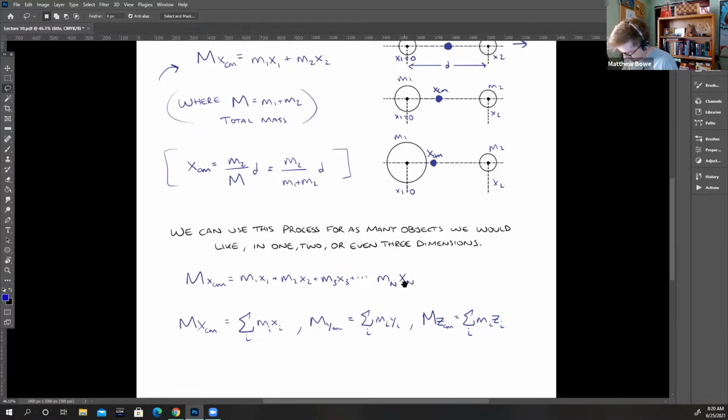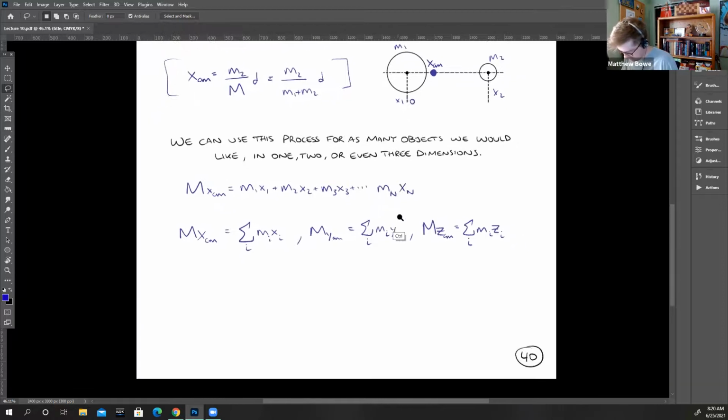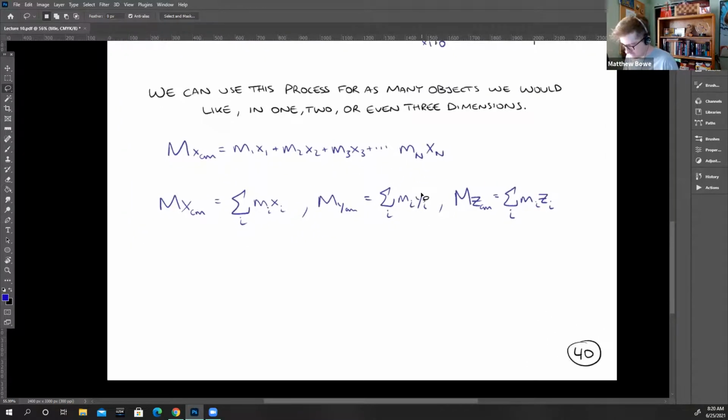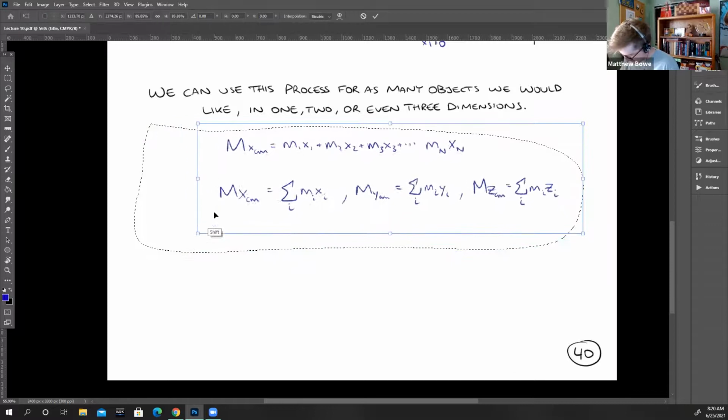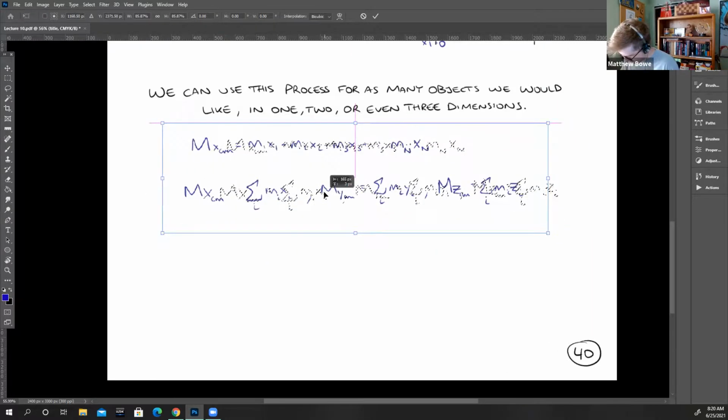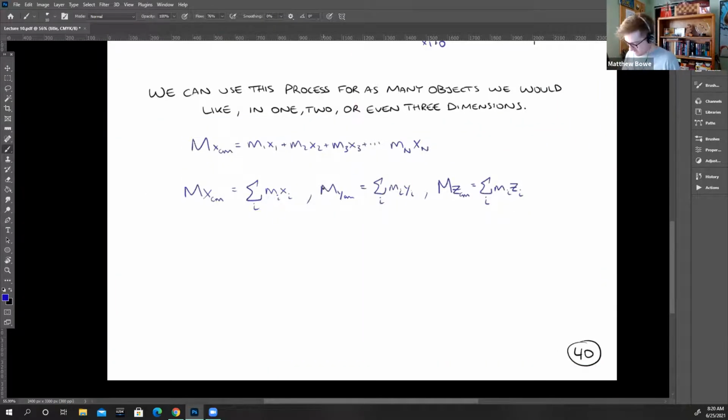Let me move this down like that. I'm going to run out of room. Let me shrink it a bit. So remember that when dealing with 3 dimensions, we were finding just a position vector that combined all 3.